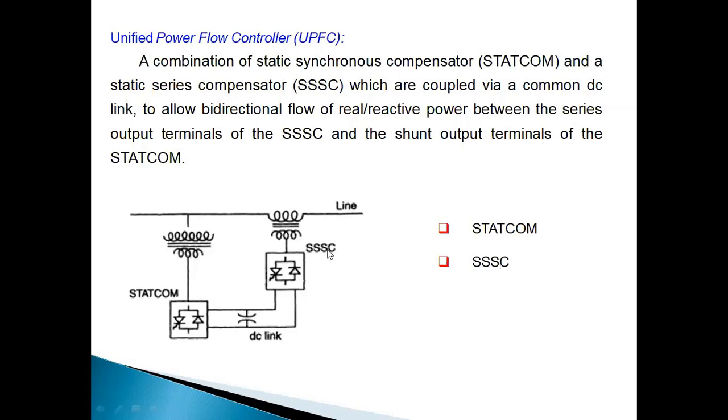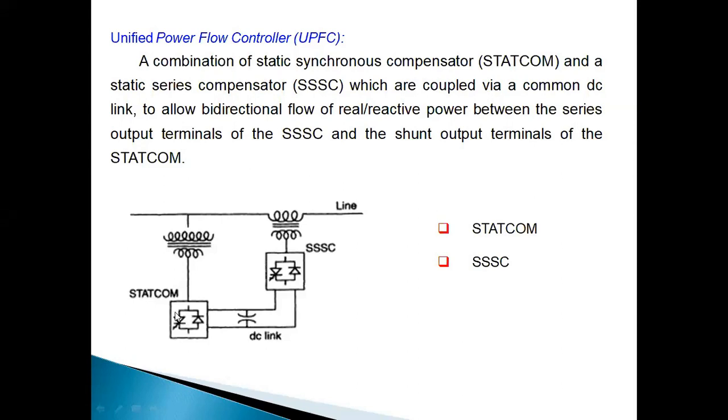And we have got two transformers. One is a shunt transformer, another a series transformer. Through the shunt transformer, we connect the STATCOM or shunt controller, and through the series transformer, we connect the SSC or the series converter. We have a shunt converter and a series converter. The shunt converter may be STATCOM, the series converter may be SSC, and sometimes the shunt converter can be SVC, and sometimes it can be TCSC.